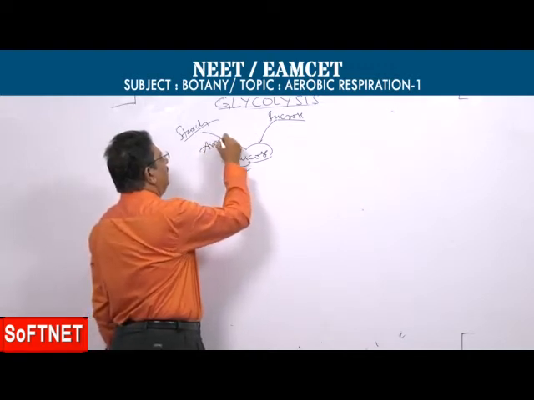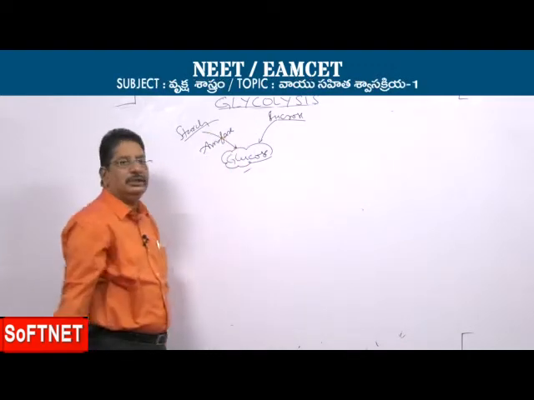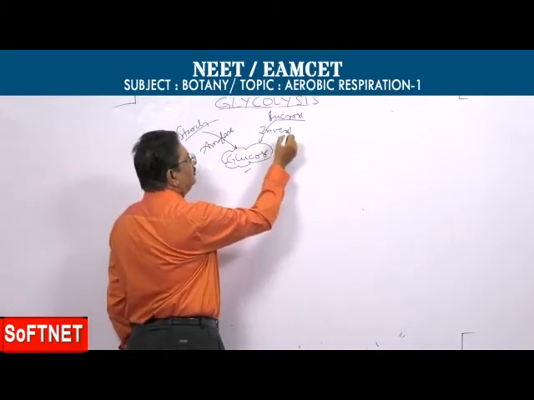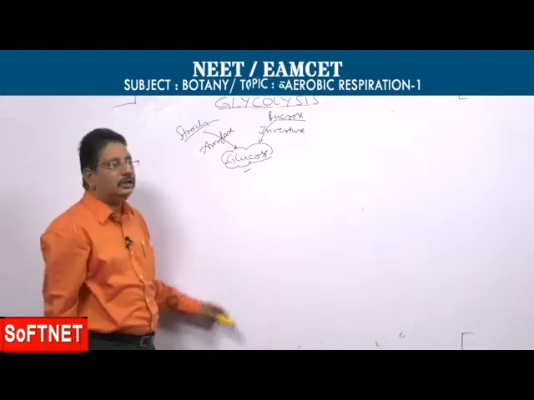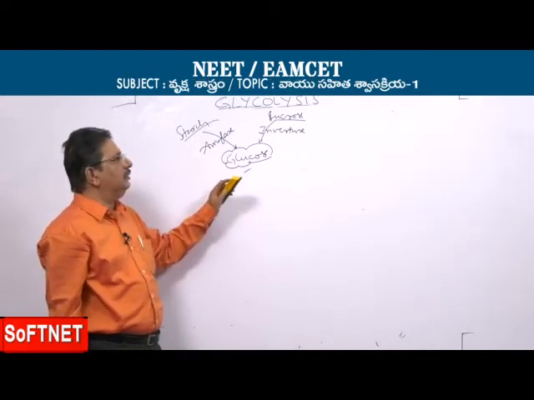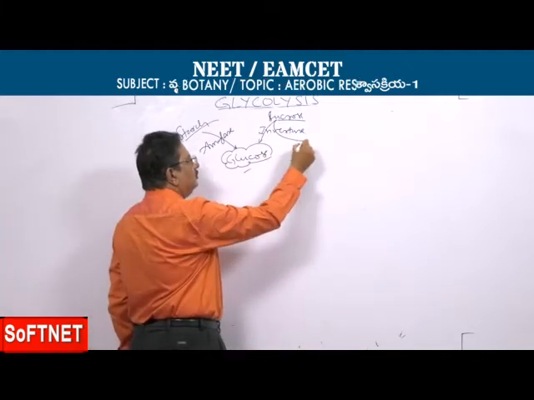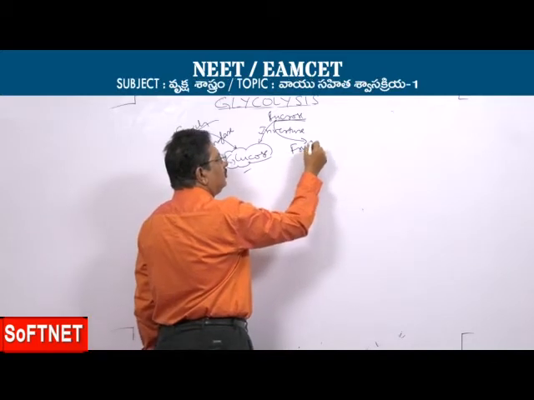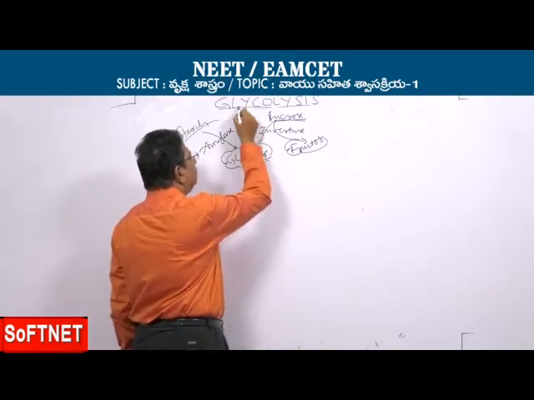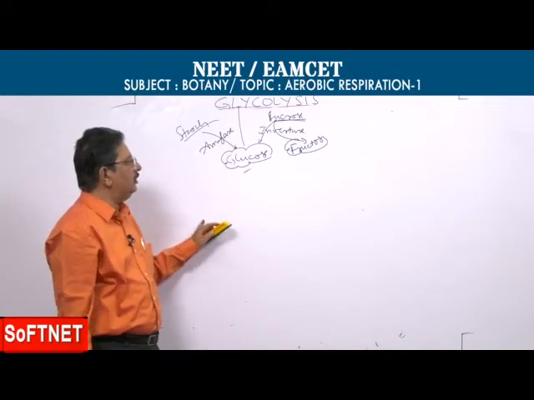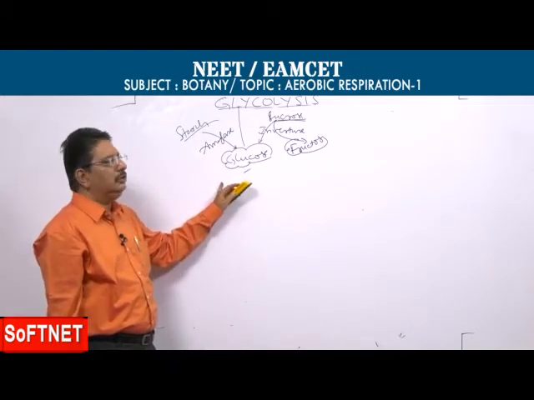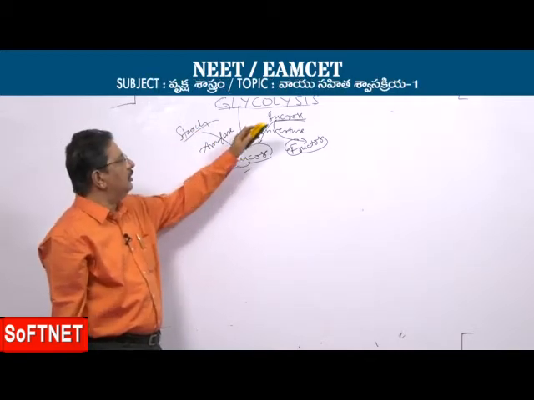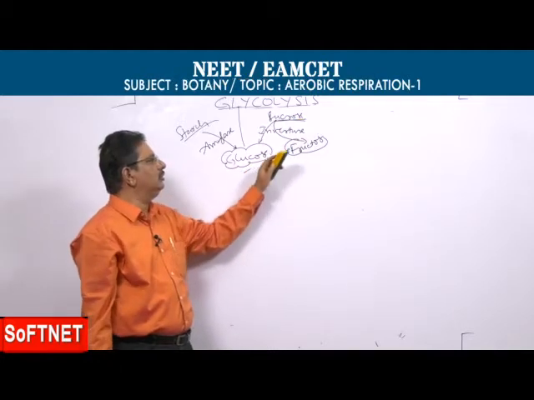Generally, amylases are involved in the digestion of starch, whereas invertases are involved in the conversion of a disaccharide, sucrose, into glucose and fructose. So, before the actual oxidation of glucose, there is a digestion. Starch converts into glucose or sucrose is broken down into glucose and fructose.